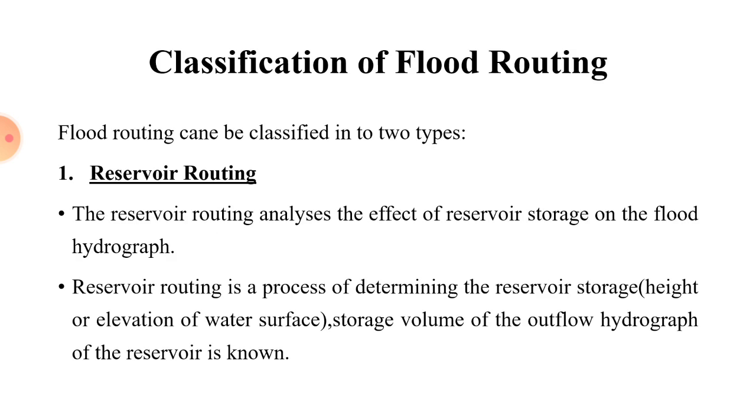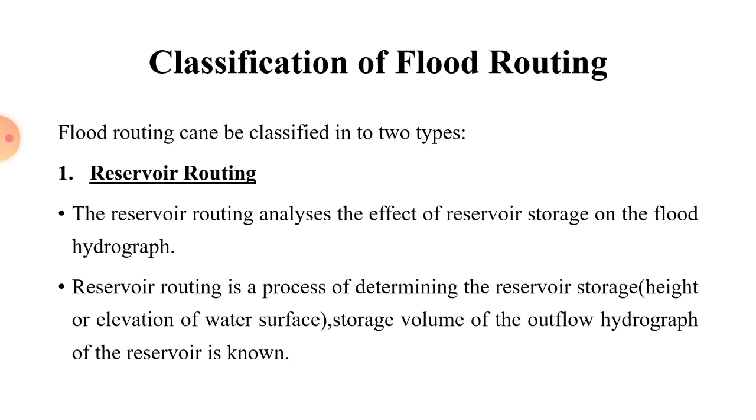Flood routing can be classified into two types based on the media. The first one, reservoir routing. Reservoir routing analyzes mainly the effect of reservoir storage on the flood hydrograph.